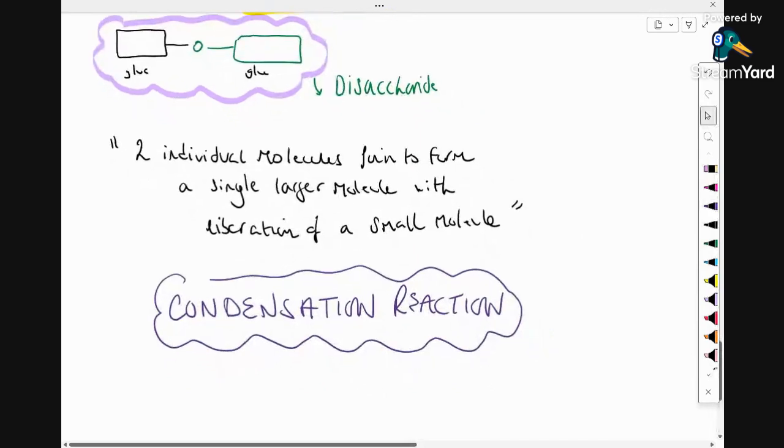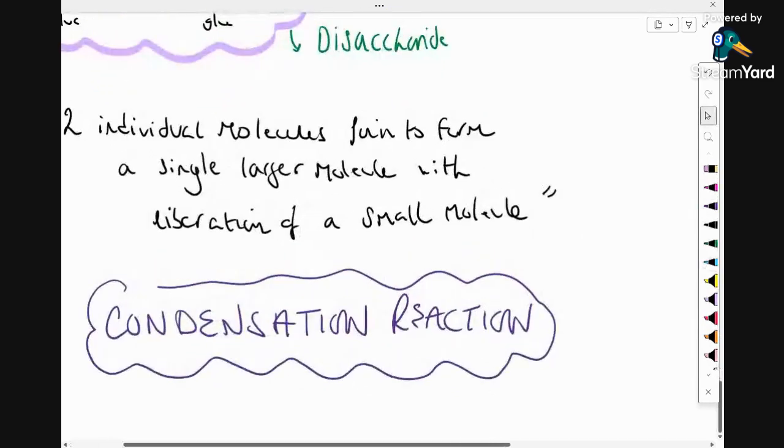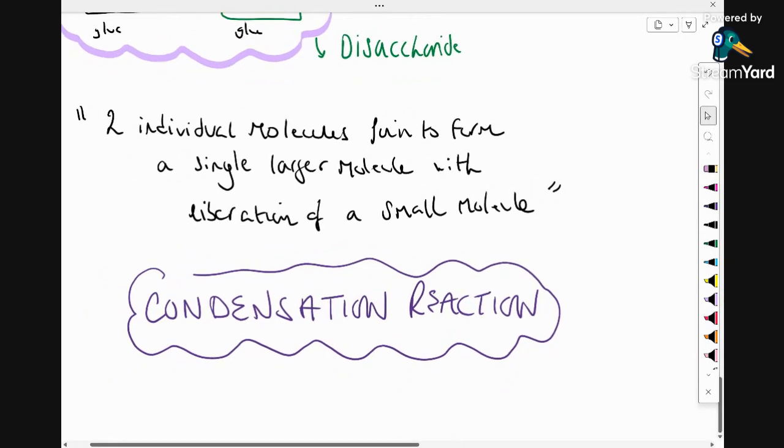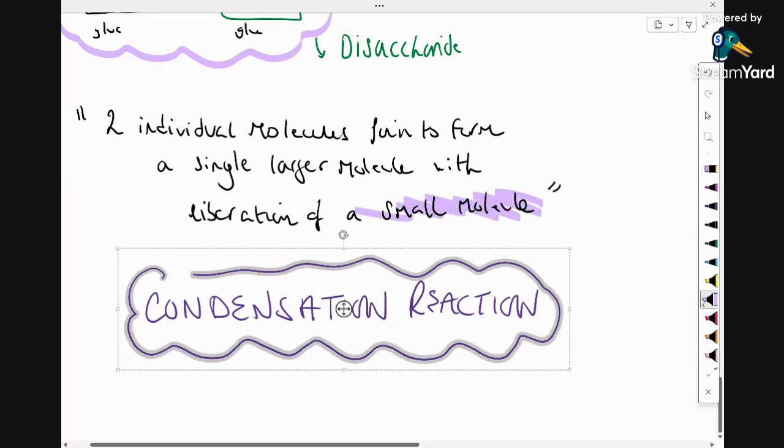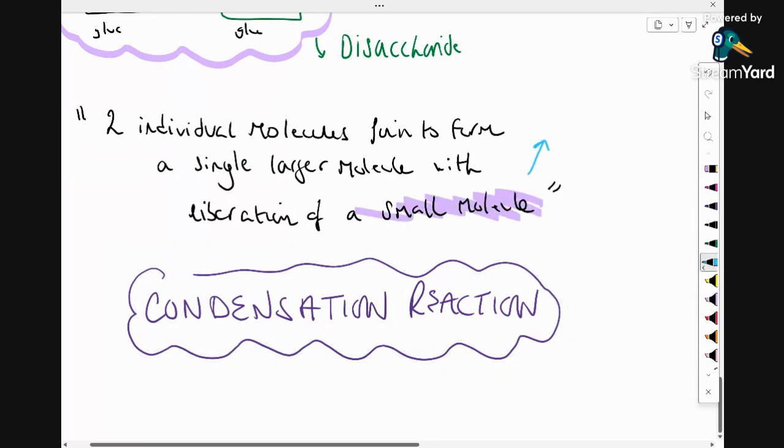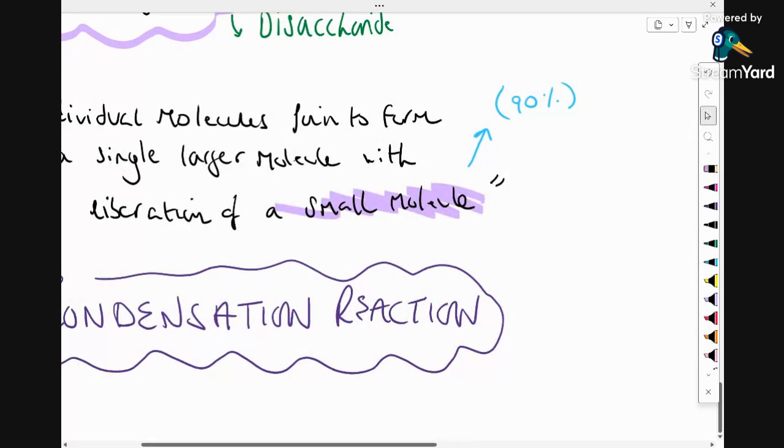Okay. And how you can remember this, and I make this point very clear to you, this is how you can remember that a condensation reaction is what it's called. It's not universally true that the small molecule that we liberate, sort of 90% of the time, and I'm kind of making that figure up, but basically a lot of the time, it's water.